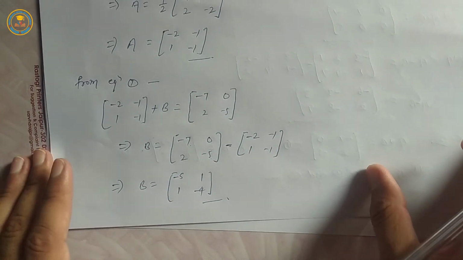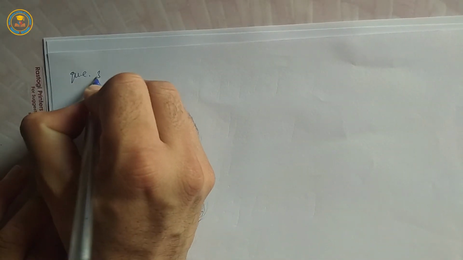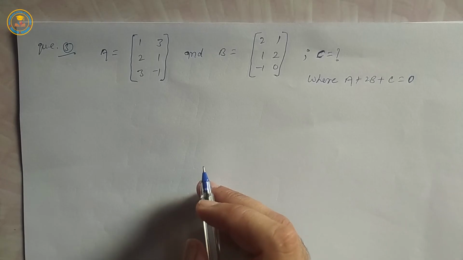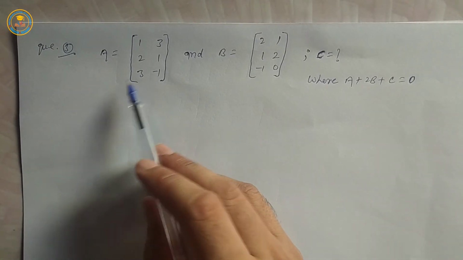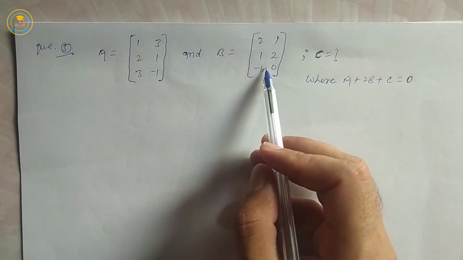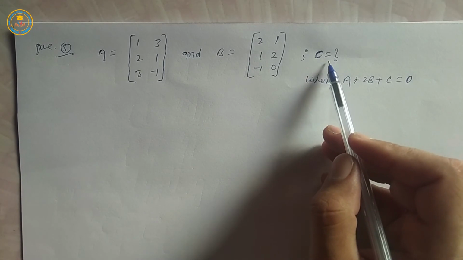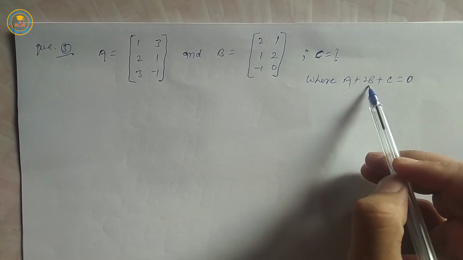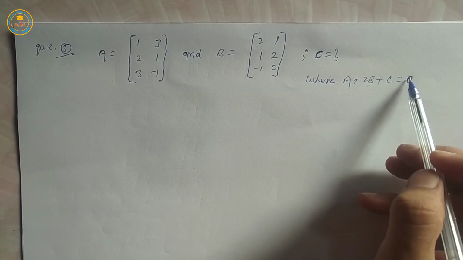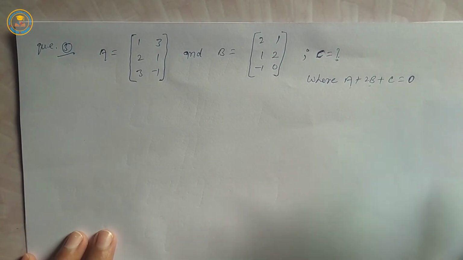Okay, next question. Question number 3. If matrix A is equal to something and matrix B is equal to something, then find matrix C where A plus 2B plus C is equal to the 0 matrix, where 0 is a 0 matrix.